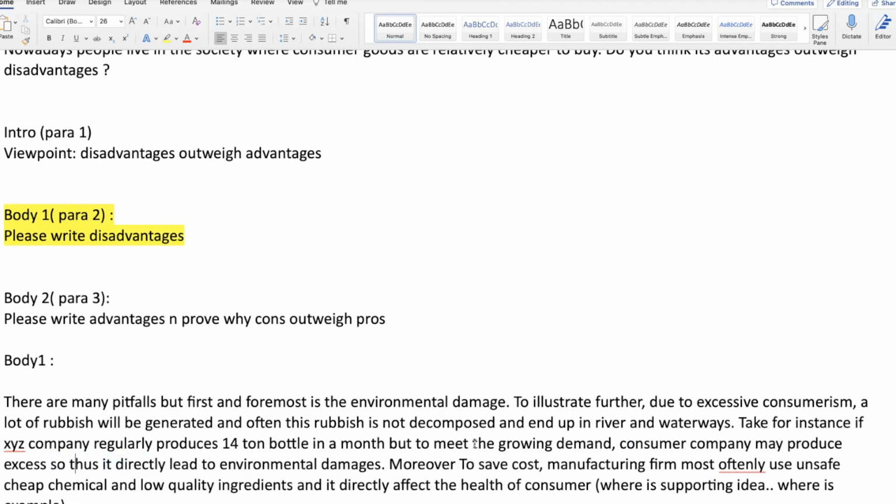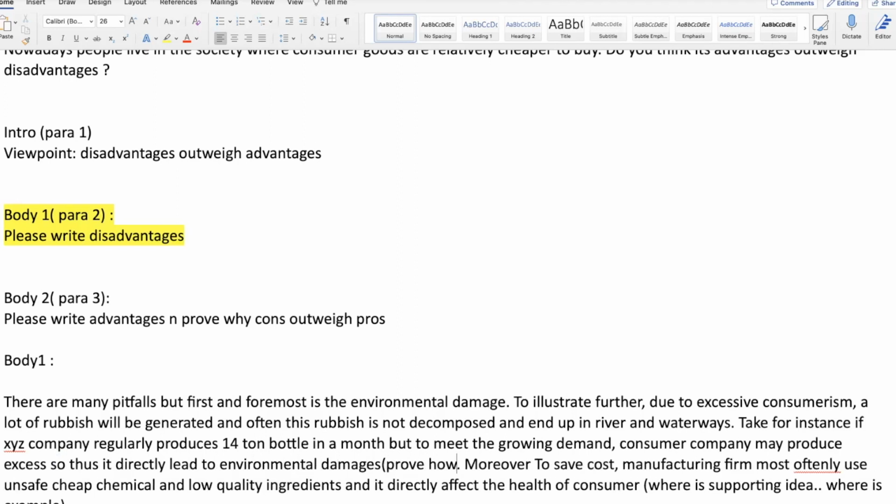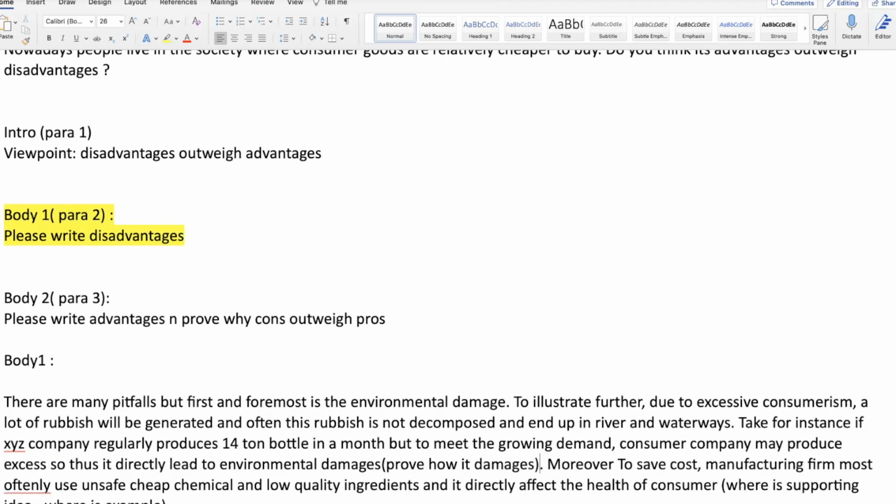So thus it will directly lead to environmental damage. How? If they produce excess, how will it damage? People also will use excess. No, prove how it damages. Still not answered. Getting into small things. We would have written, but how? Not clear.